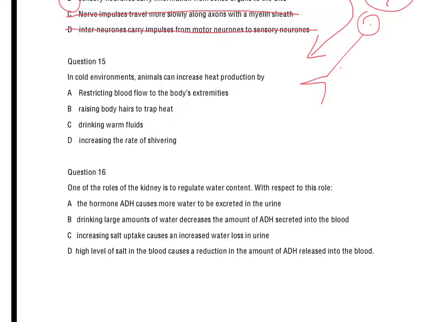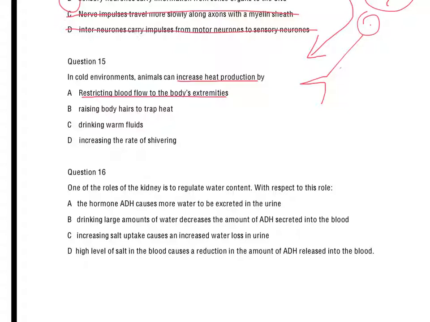Okay, go into cold climates. Animals can increase heat production by restricting blood flow to the body's extremities, raising body hairs to trap heat, drinking warm fluids, and increasing the rate of shivering. Your key thing here is this phrase, increase heat production. Yes, this one, in a cold environment, this would happen.